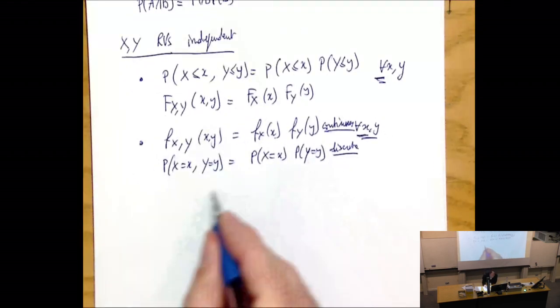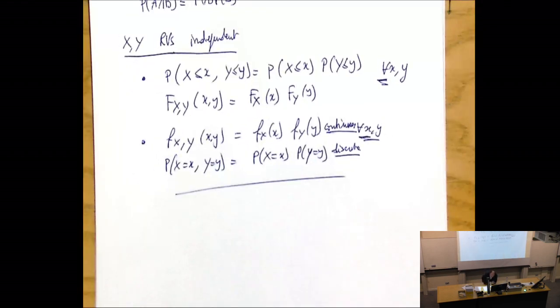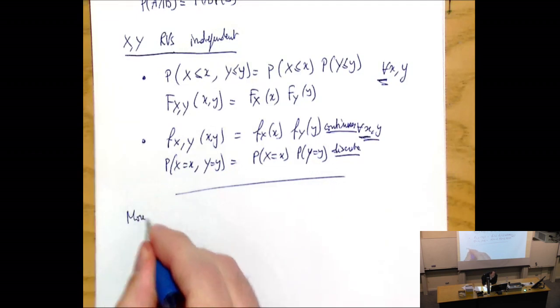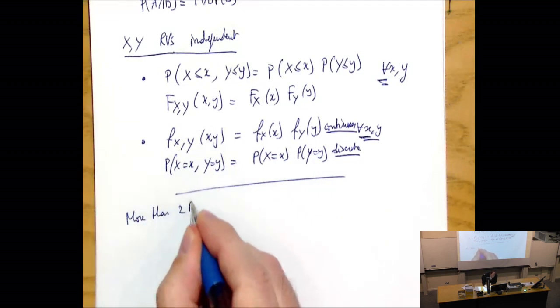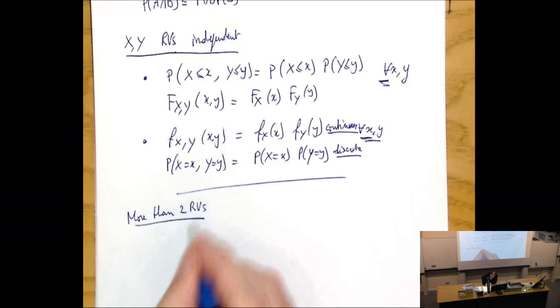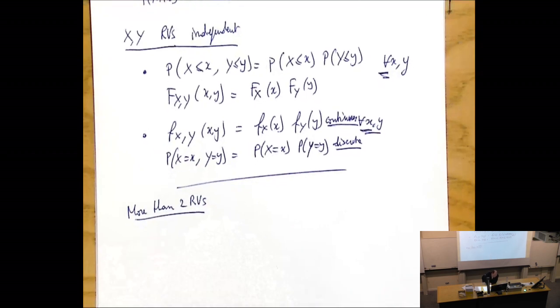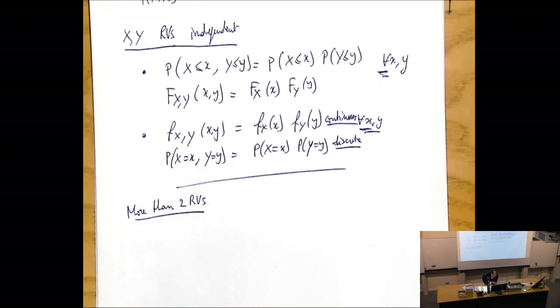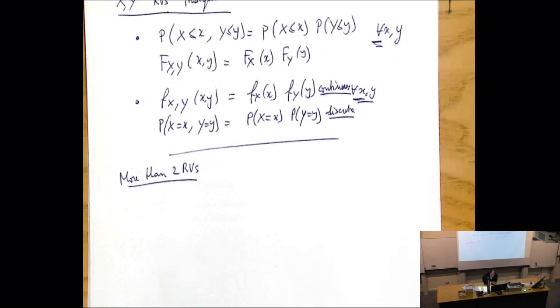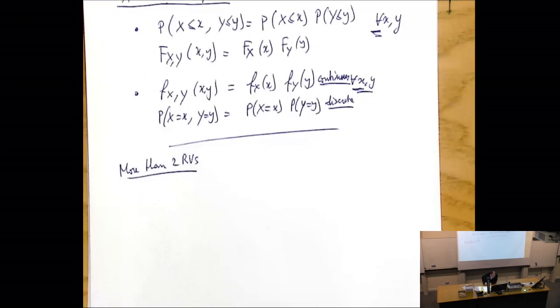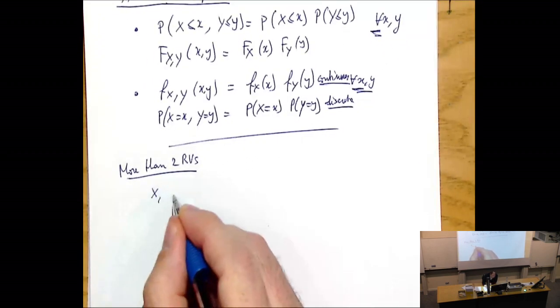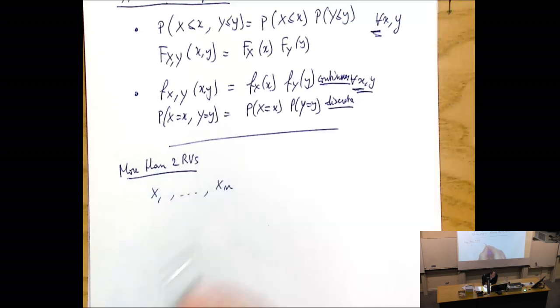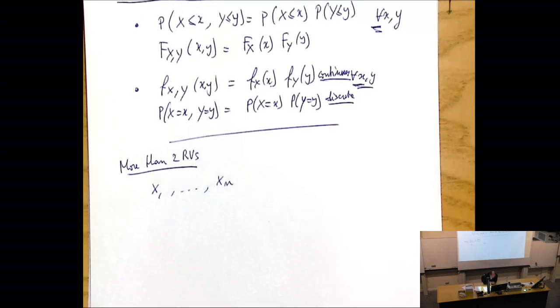Good, so what if we have more than 2? If we have more than 2 random variables, we can extend all that we did to a more complicated scenario. For instance, if I have n random variables, X1 all the way to Xn, I can define a joint CDF as well.